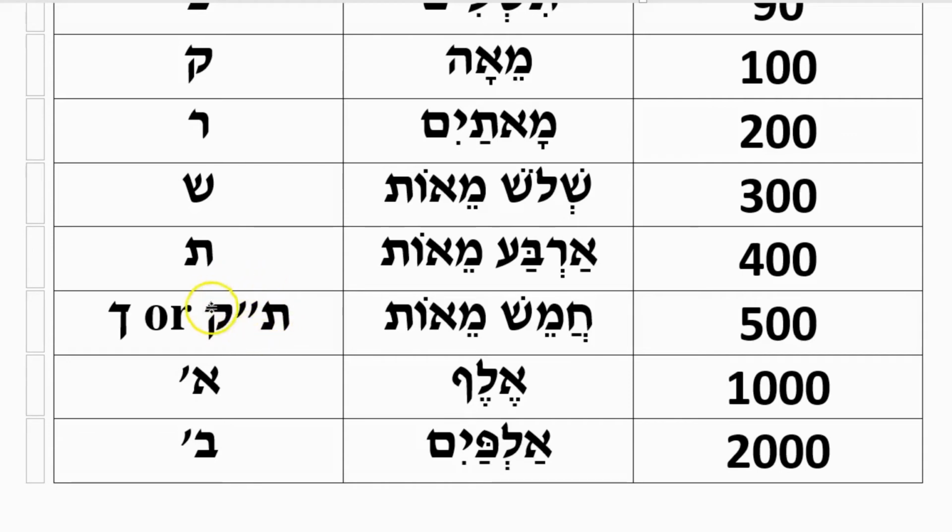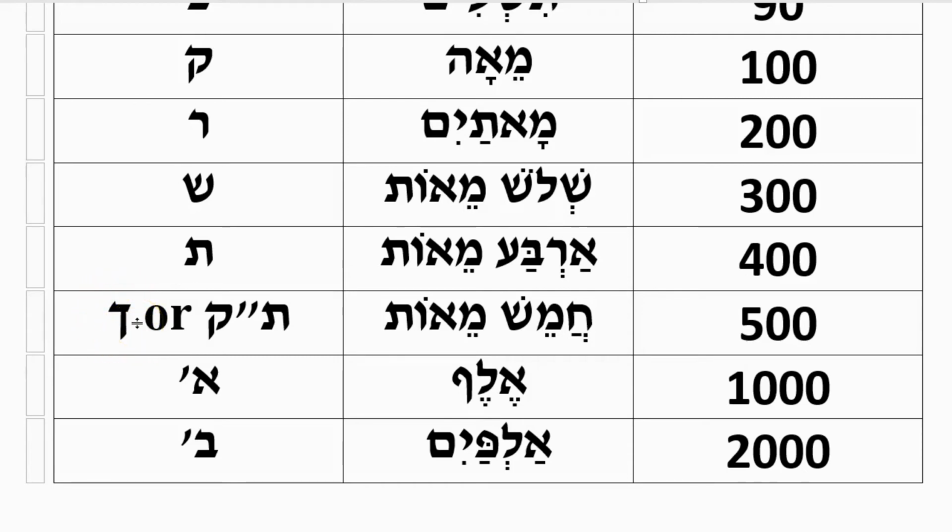Kind of like a Roman numeral, we just pile the letters together. Or a slightly more modern way of writing it, more for the Israeli crowd, not the religious Jewish public, you will see the Chaf Sofit used as a 500.